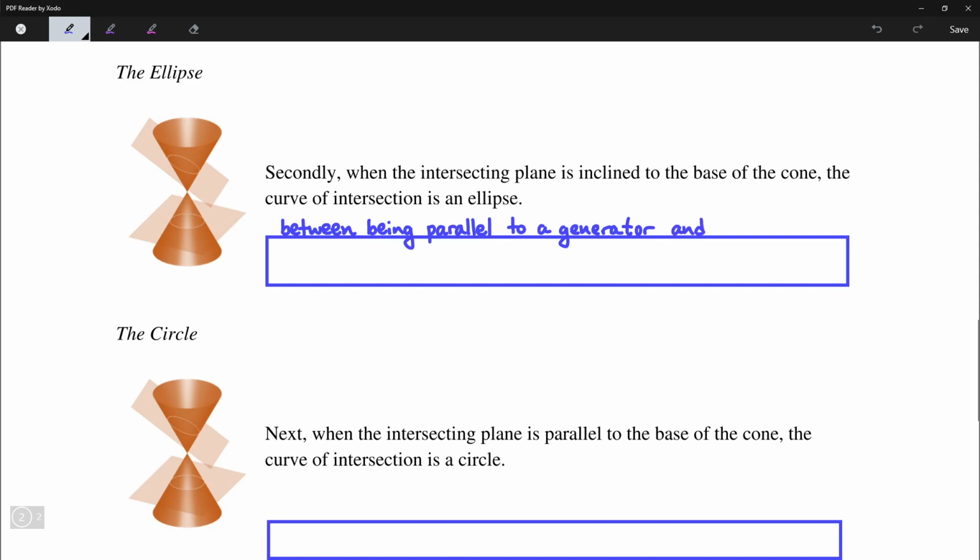So if it's somewhere between those two, then we have, once again, an ellipse. So we have, in one case, a parabola, and then in the other case, we have the circle.